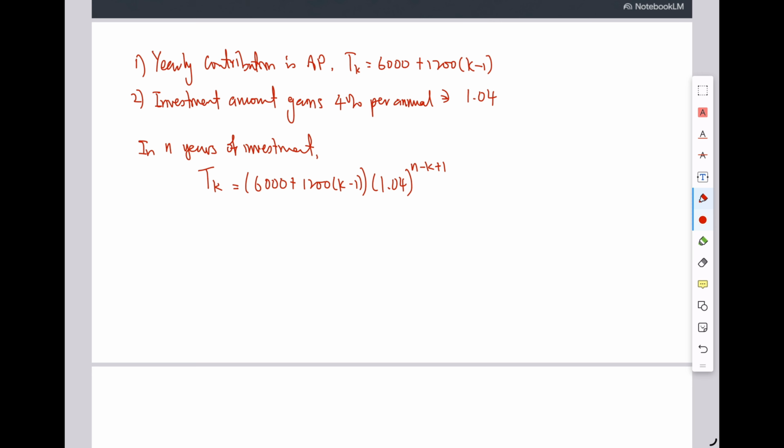So that would mean if I want to find my total sum, Sn, it is actually the sum from k equals 1 to n of (6,000 plus 1,200(k minus 1)) times 1.04 to the power of n minus k plus 1, right?